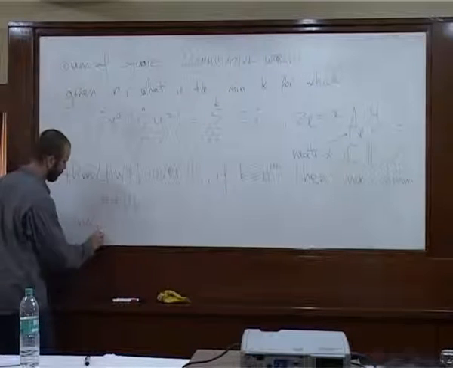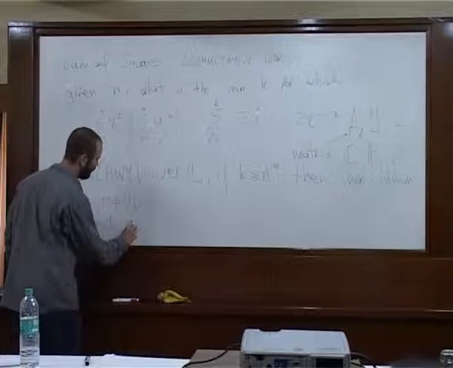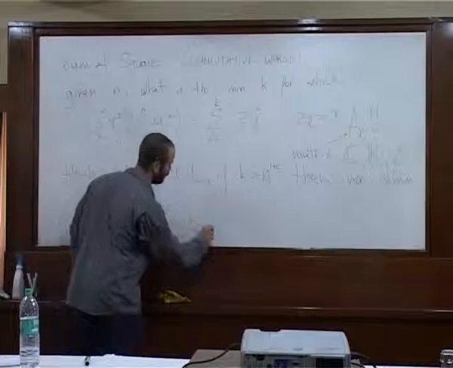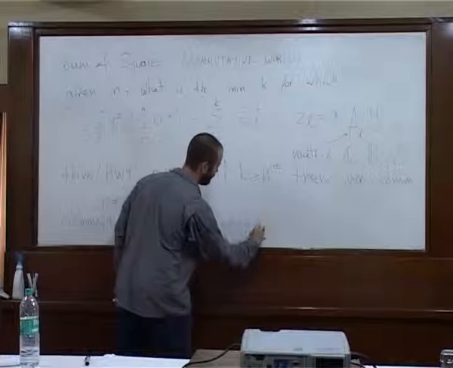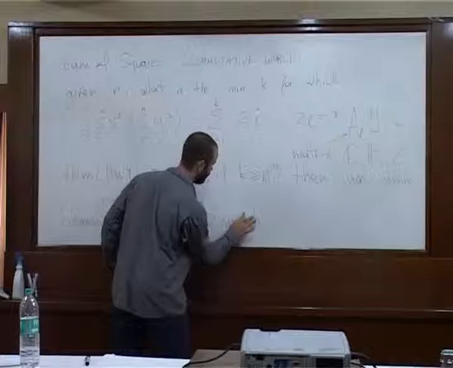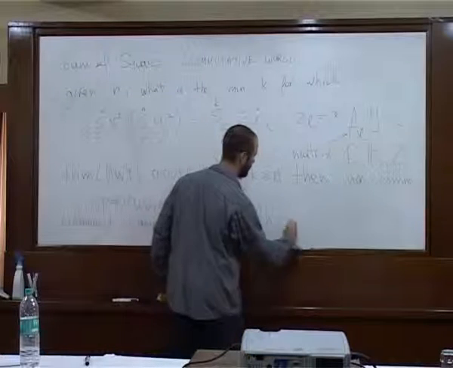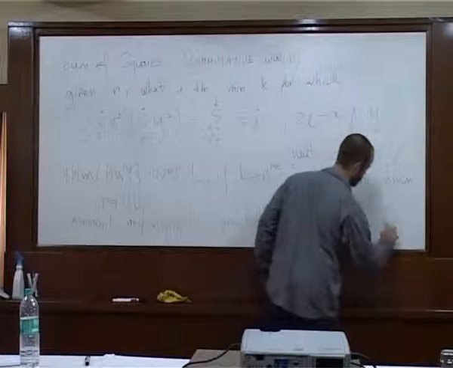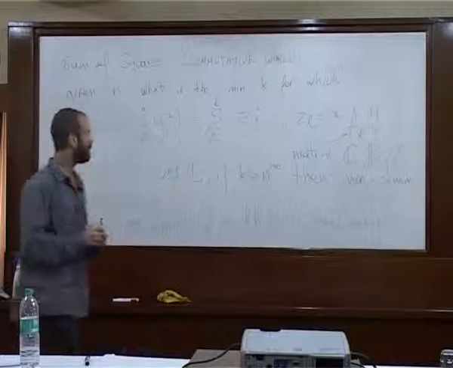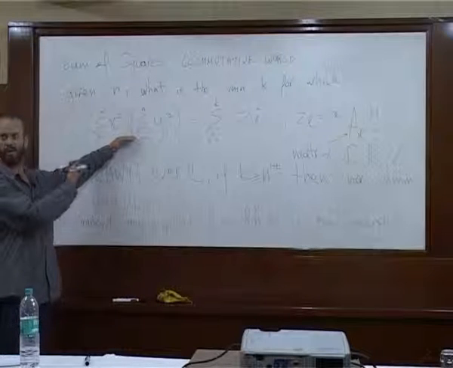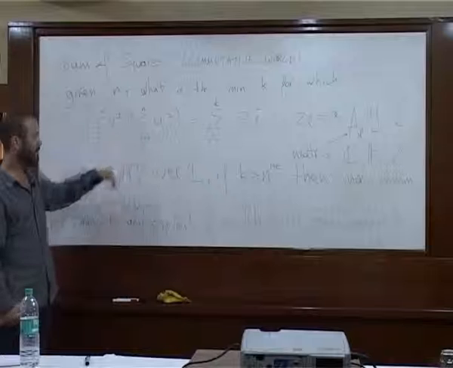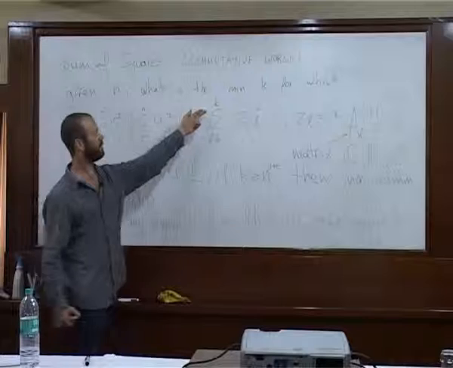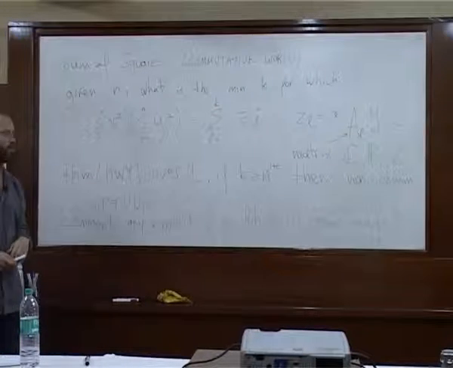So I will add a comment. Any explicit f on the left hand side is good enough. So we can replace this polynomial, which is an explicit polynomial, pretty simple, by any polynomial that is explicit, and if we can show that this k is large, then the same conclusion holds.